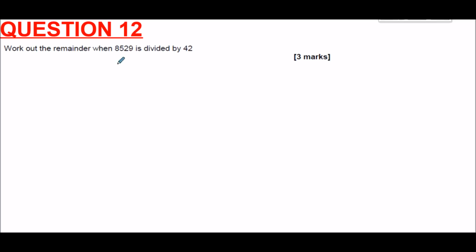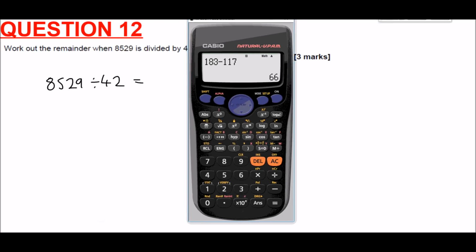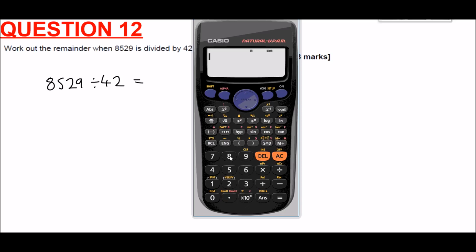Question 12, you need to work out the remainder when 8,529 is divided by 42. And so if we do that on a calculator, 8,529 divided by 42 equals 203.0714.